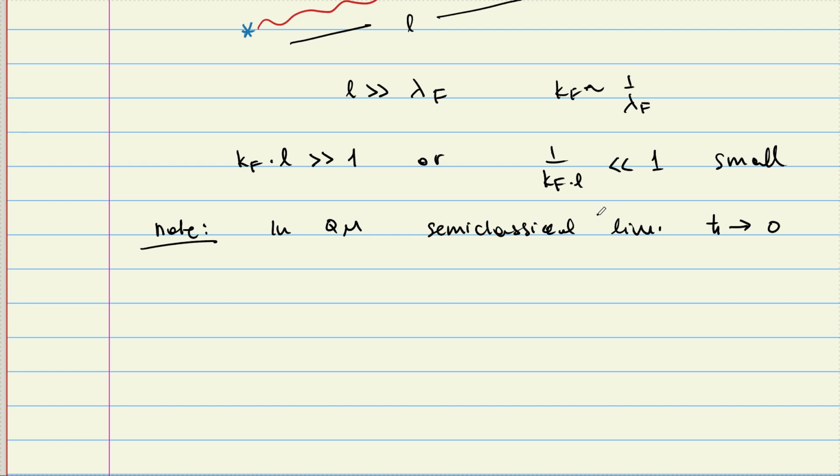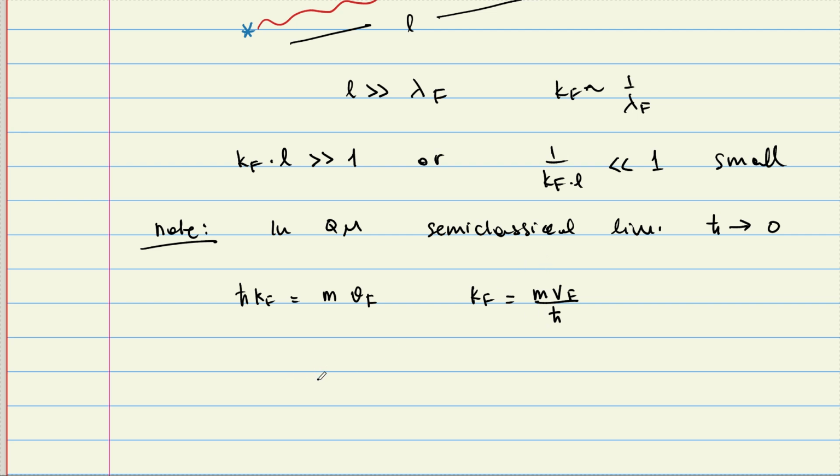So this is exactly the same limit. Let me show you that. h bar k Fermi is momentum, which is m v Fermi. Then k Fermi is equal to m v Fermi divided by h bar.